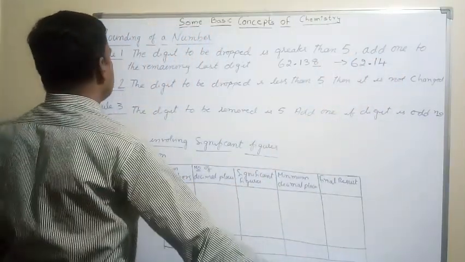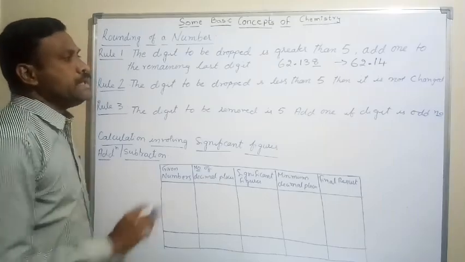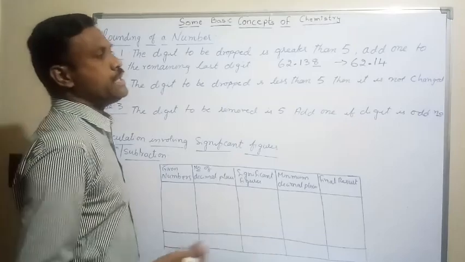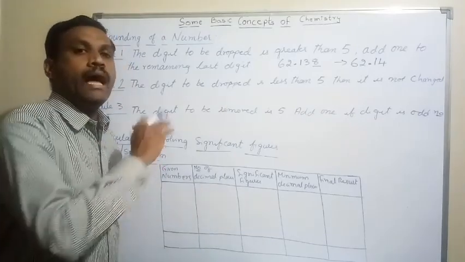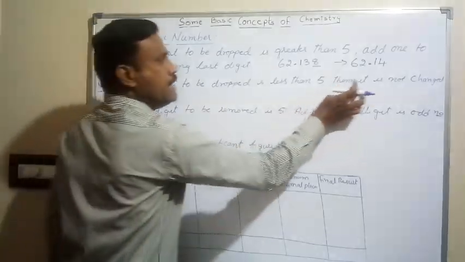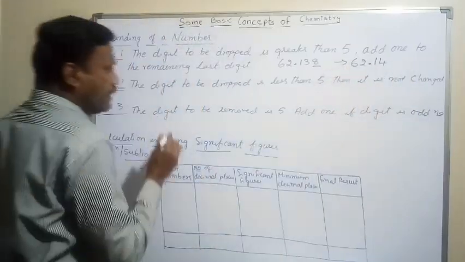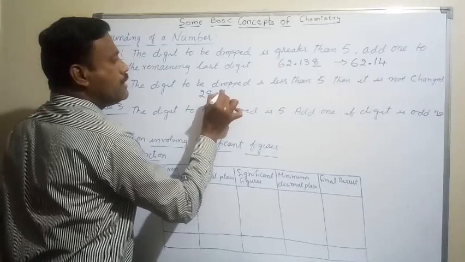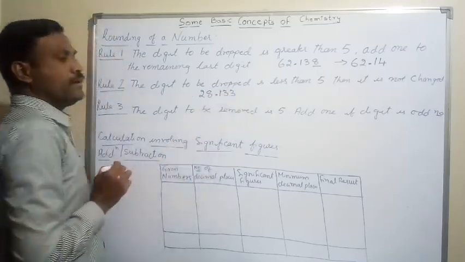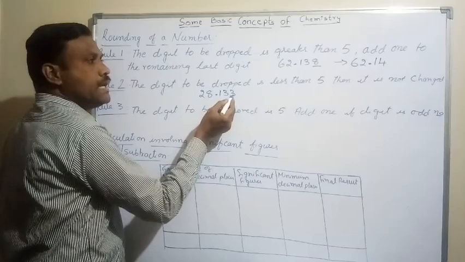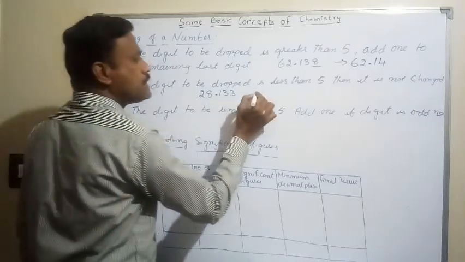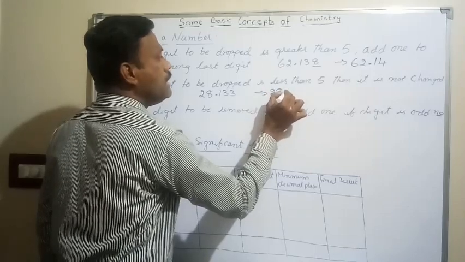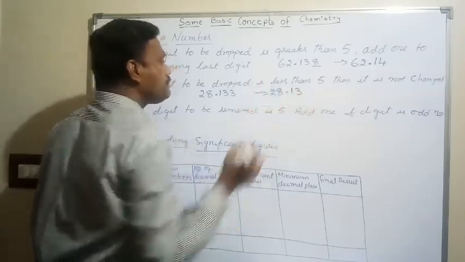Second rule says if the digit to be dropped is less than 5, it should remain as it is. It is not changed. For example, 28.133. The dropped digit is less than 5, so this is maintained as it is. The value is 28.13.